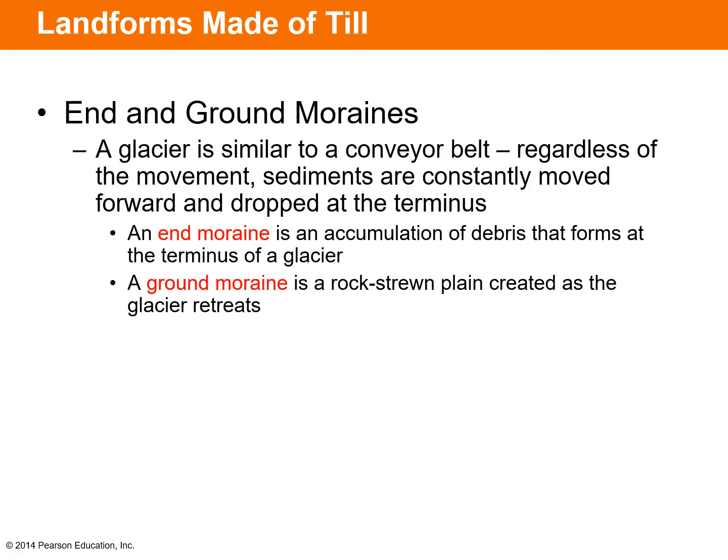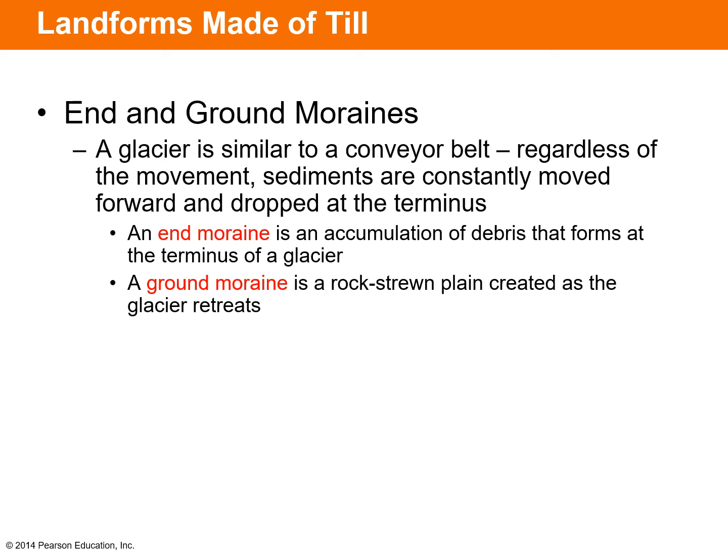And then finally, another type of landform made of till are end or ground moraines. So before I talk about the definitions of those two different types of moraines, you need to think of a glacier as moving sediment in a similar way to how a conveyor belt might move a product.